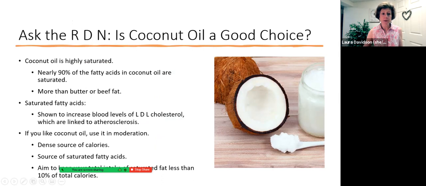What about coconut oil? Now, your textbook takes a pretty negative stance on coconut oil. It is highly saturated, and that is not debatable. What we see in coconut oil and milk fat, by the way, is that the saturated fatty acids are shorter in length.